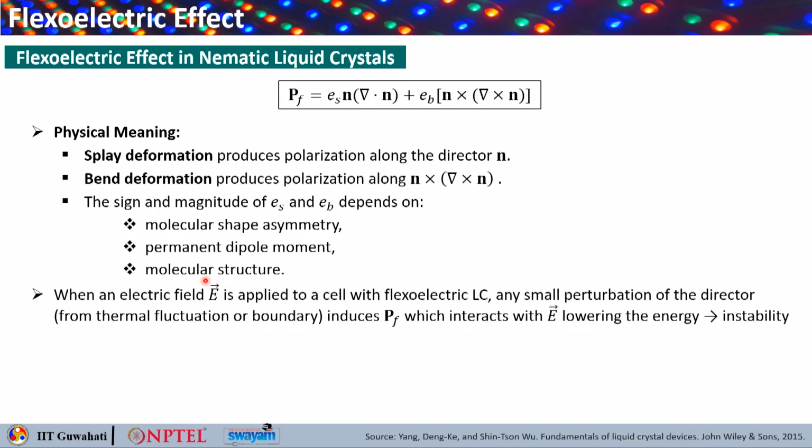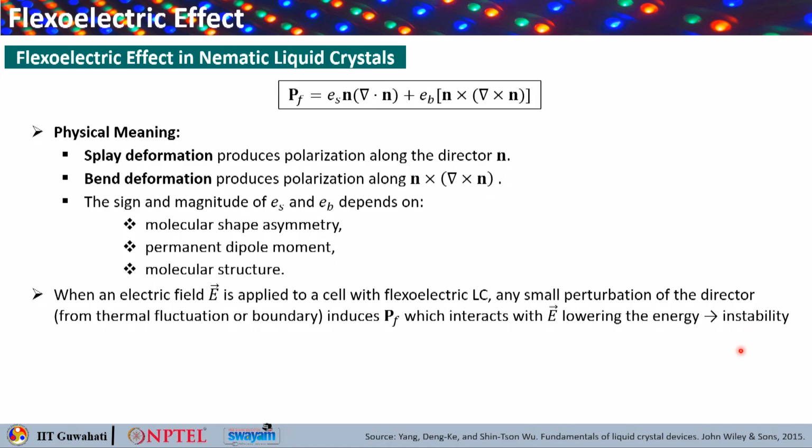So when an electric field E is applied to a cell with flexoelectric liquid crystal, any small perturbation of the director, coming from thermal fluctuations or maybe from the boundary, can induce this PF, which interacts with the electric field, lowering the energy.